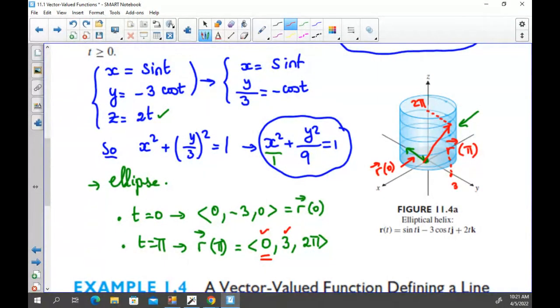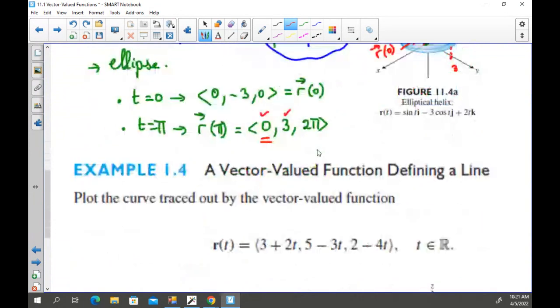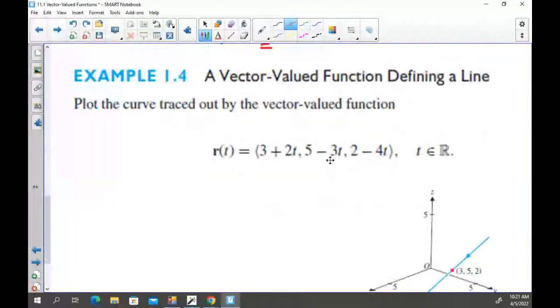So the vector r of pi is going that way, etc. Different values of t will give you different vectors, and when you graph them, you will get all this shape. It's like a cylinder, but its base is not a circle. What is the base of the cylinder? It's an ellipse, yes. Like that. Okay.